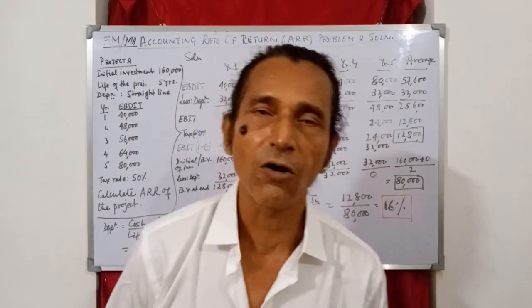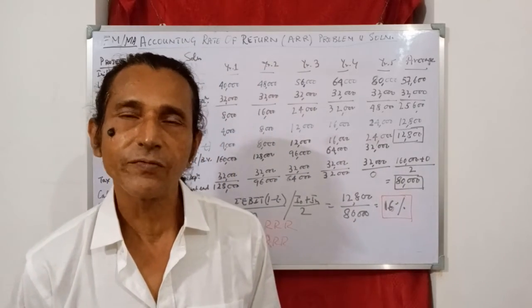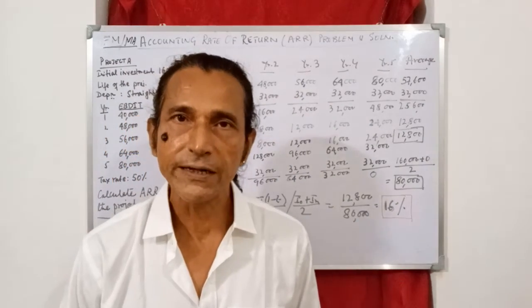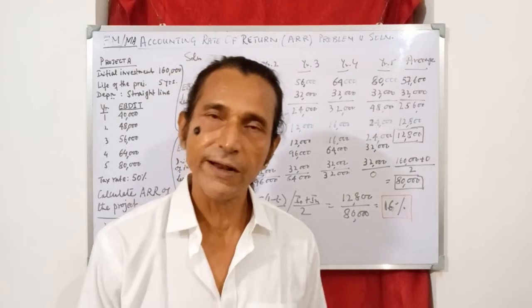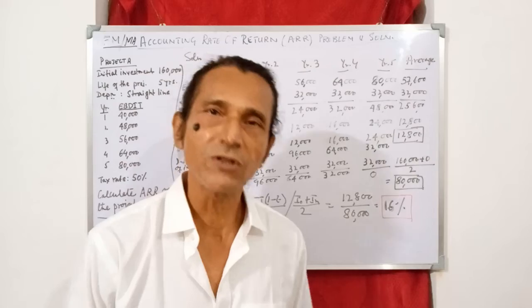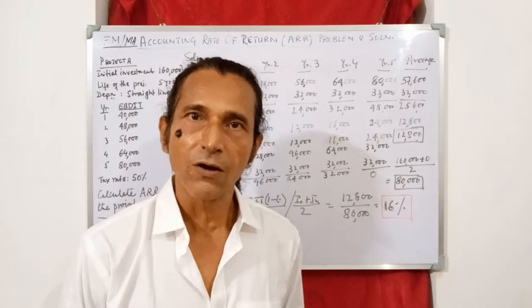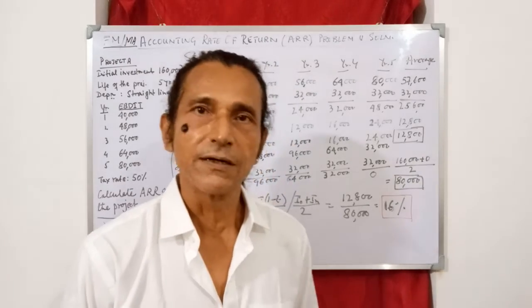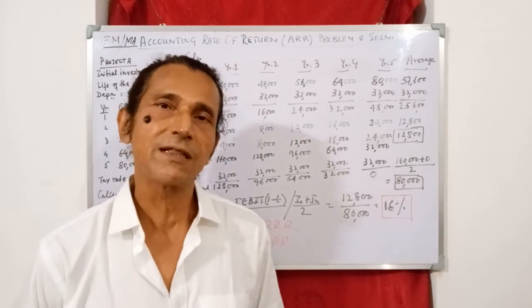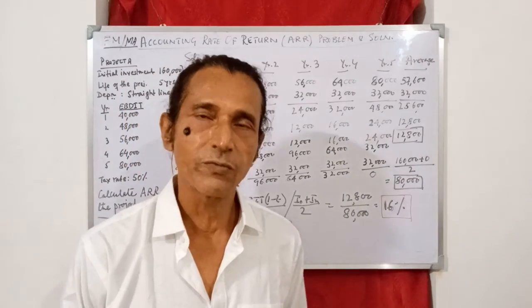So the ARR of this project is 16%. If the firm's required rate of return is 16% or less than 16%, that is, the average rate of return is more than or at least equal to the required rate of return of the firm, then the project will be accepted, and in the opposite case the project will be rejected.